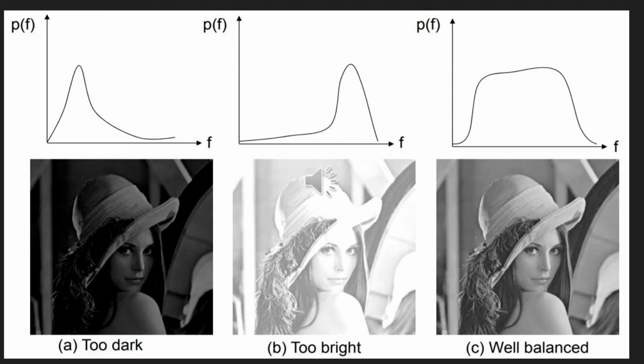Rather than understanding a histogram as the frequency of occurrence of that intensity value, we can also understand it as the probability of occurrence of that particular pixel value. So here are the three histograms for a dark image, a bright image, and a well-balanced image.